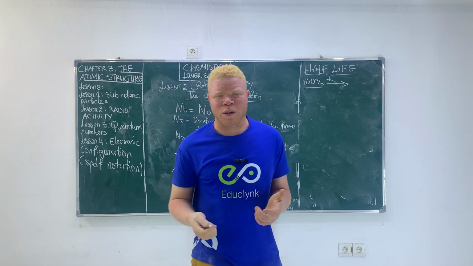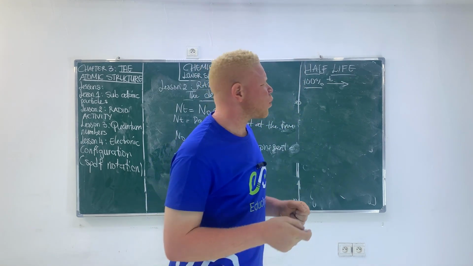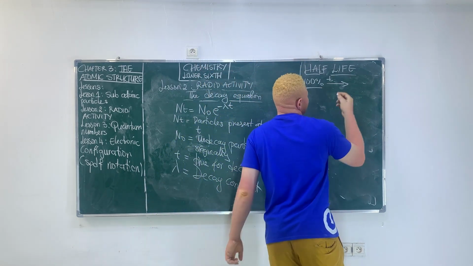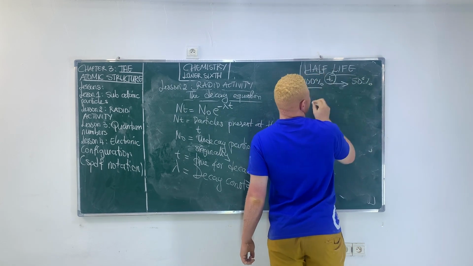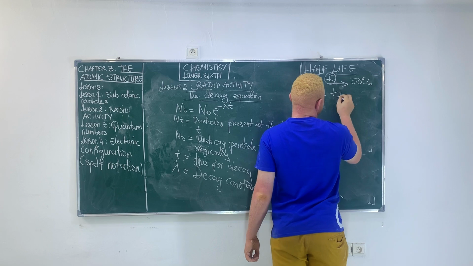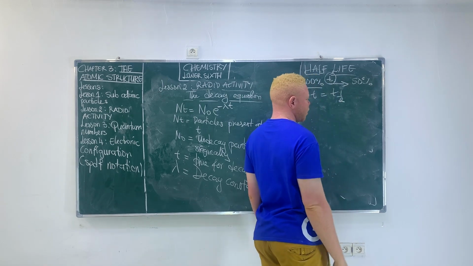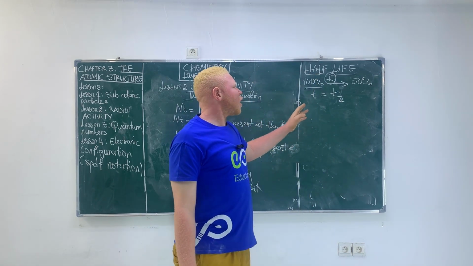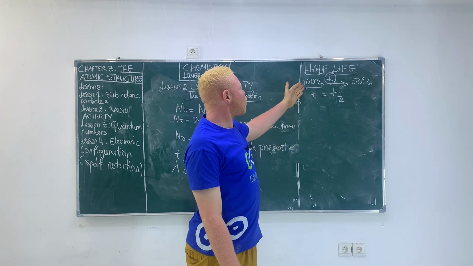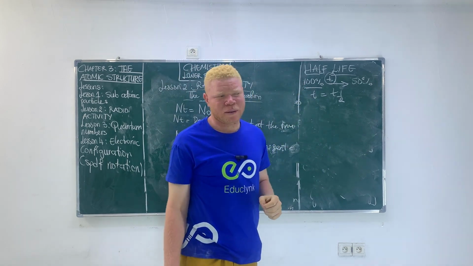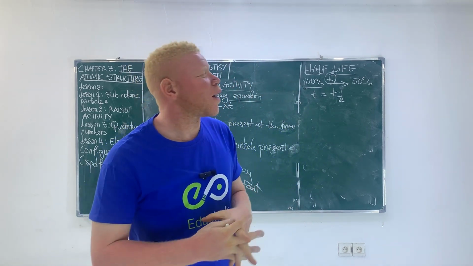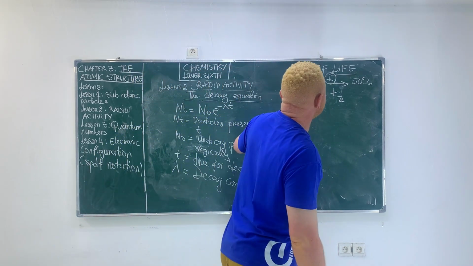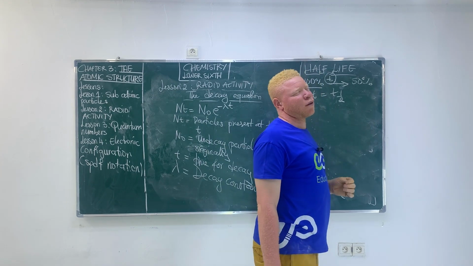Half of 100 is 50. So after t, we're going to have dropped to 50%. This time t is what we denote as T half. So at t equals T half, 100% has dropped to 50%. So that's the meaning of half-life. Half-life is simply the time taken for the activity of a radioactive sample to drop to half of its original value.